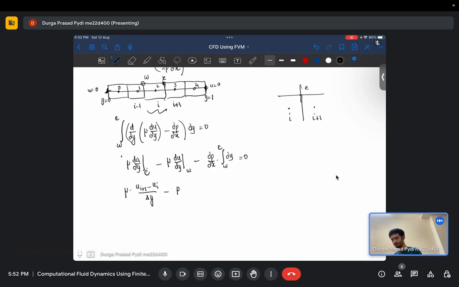Similarly, on the west face you will have the I minus 1 cell and this will be your ith cell, with I minus 1 towards the left. So same equation, (u of i minus u of i minus 1) by delta y, minus dp/dx into, as you integrate from west face to east face, the width of one single cell.